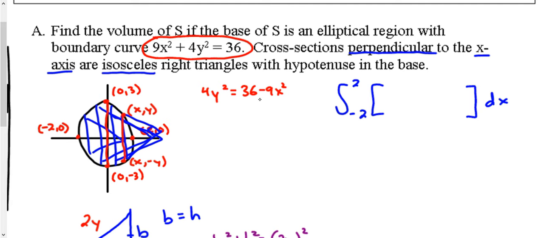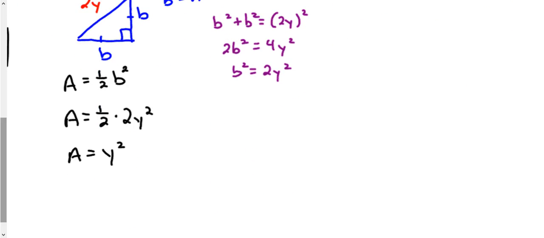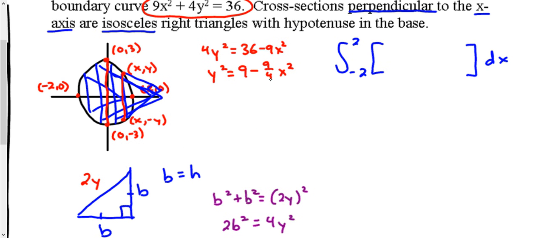Then I'll divide everything by 4, and y squared is going to equal 9 minus 9/4 x squared. So I can come down here to my area formula, and I can replace y squared with 9 minus 9/4 x squared, because that's what y squared equals.